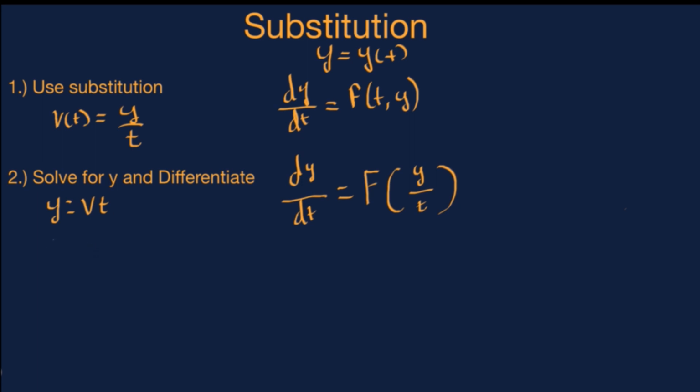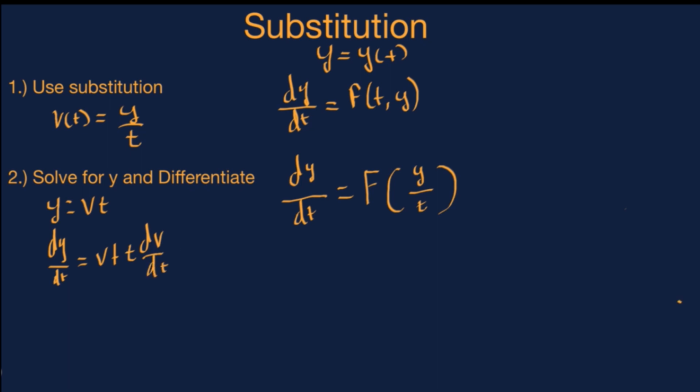But when we're taking the derivative of y with respect to t, because v is also a function of t, then we would have to use the product rule on the right side. So that would be v plus t times the derivative of v with respect to t.